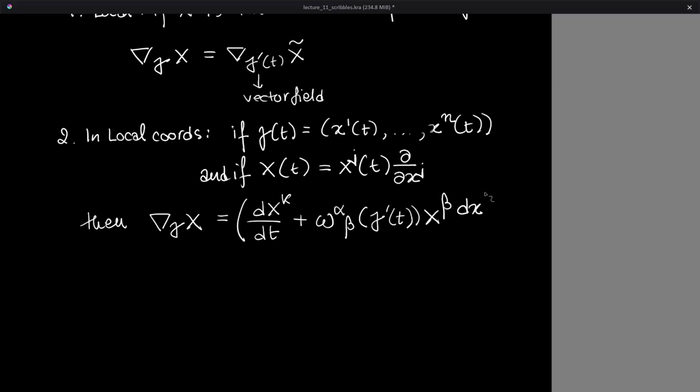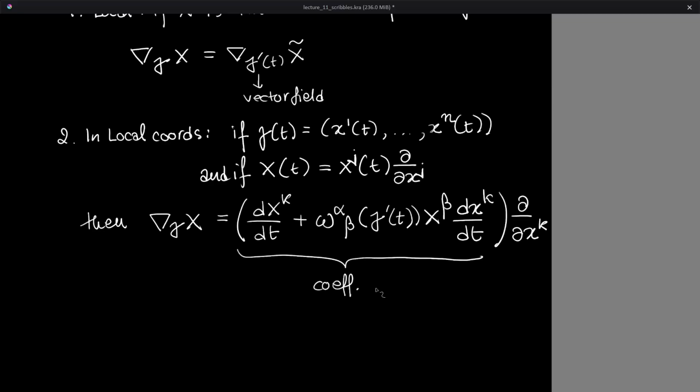Sorry, this is a mistake in my notes. So dxk dt multiplied by partial partial xk, right? Because at the end of the day, what we want is, so this is the coefficient, and this is the basis vector, or the basis vector field in this case, right?